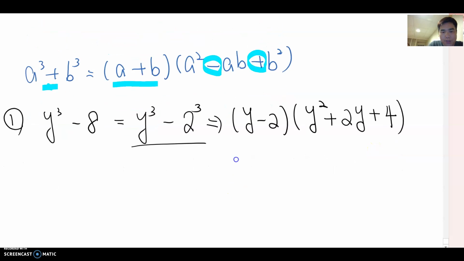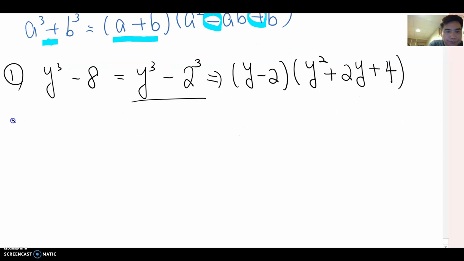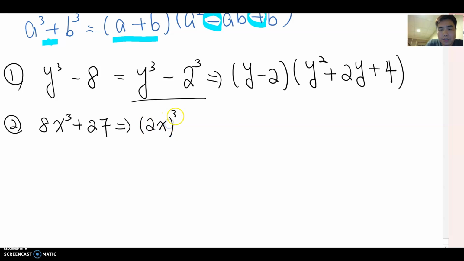Okay, another one. 8x cubed plus 27 here. Then this one we can rewrite as 2x to the cubic power plus 3 to the cubic power.